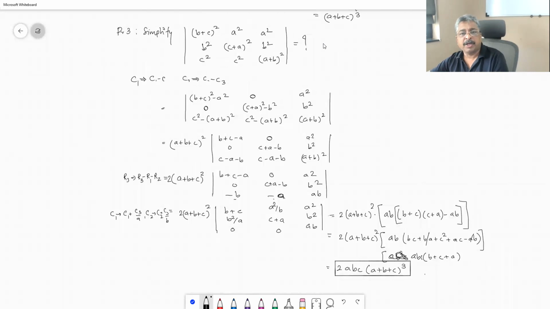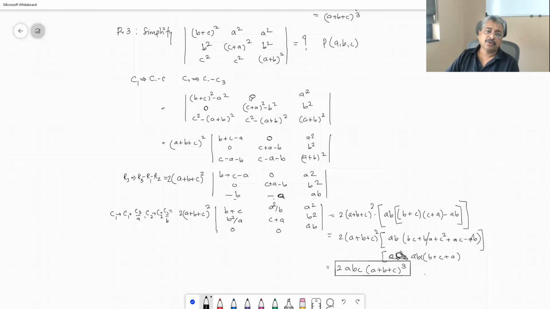It will be a polynomial in a, b, c whose degree is, not 4, 6. If you multiply all the three diagonals, the terms will have highest power total 6. So this is a 6th degree polynomial in a, b, c.